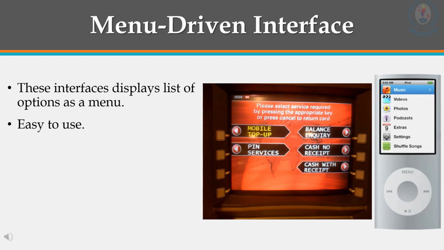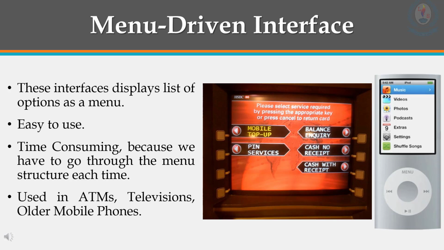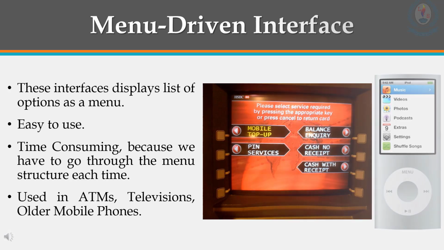Menu-driven interfaces are easier to use than command line interfaces, but can take more time as you have to go through the menu structure each time you want to carry out a command. This type of interface is used in many devices including ATMs, televisions and mobile phones.